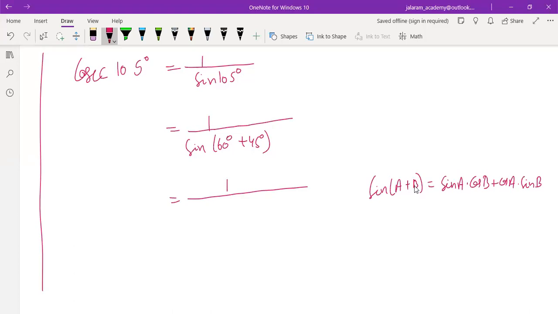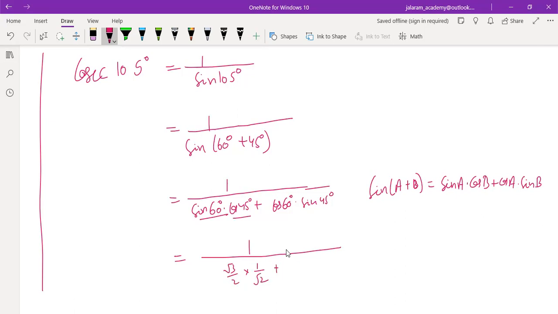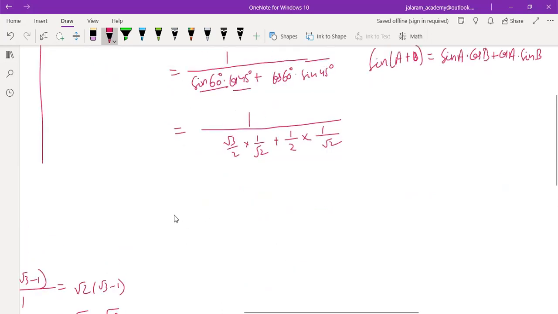The formula for sin A plus B is sin A cos B plus cos A sin B. So we write 1 upon the value of sin 60 degrees, root 3 by 2, into the value of cos 45 degree, 1 by root 2, plus cos 60 degrees, 1 by 2, into sin 45 degrees, 1 by root 2.